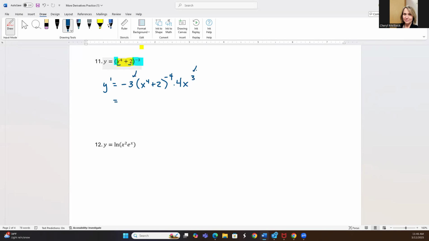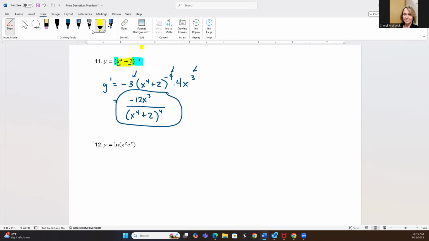Both this and this are in the numerator, with this term taken to the negative 4 power being in the denominator. So multiplying a negative 3 times 4, we'll have a negative 12x cubed in our numerator, and x to the fourth plus 2 to the fourth in our denominator. That would be the simplified form there.